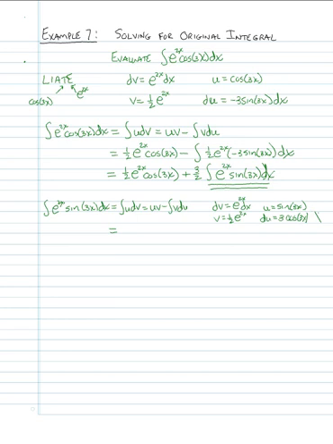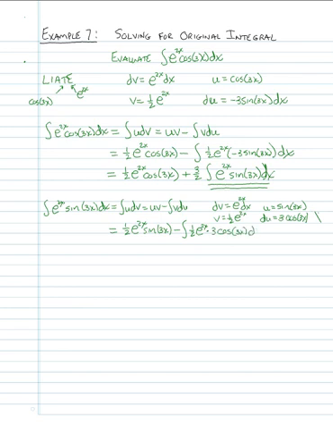The u times v this time, I'm going to write it as v times u, is 1/2 e to the 2x power, and the u is sine of 3x, minus an integral. The integral is v du, and v is 1/2 e to the 2x, and the du is 3 times cosine of 3x.